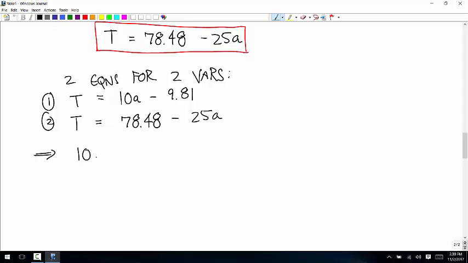So we get 10a minus 9.81 is equal to 78.48 minus 25a. And so you get 35a is equal to 88.29.